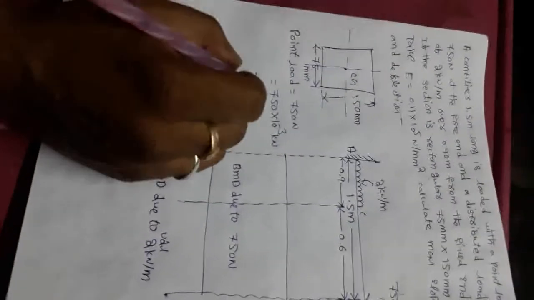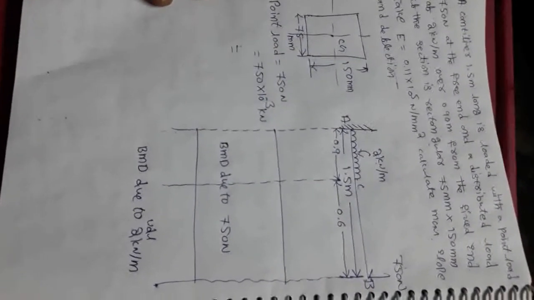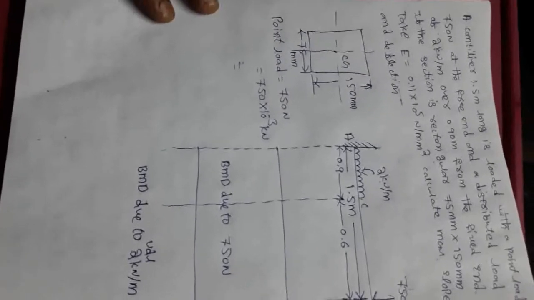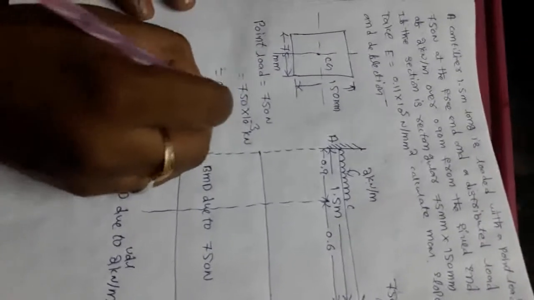So 750 into 10 to the power of minus 3 gives a point load of 0.75 kilonewtons.